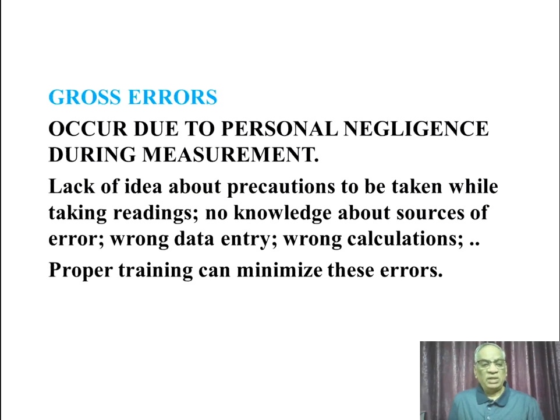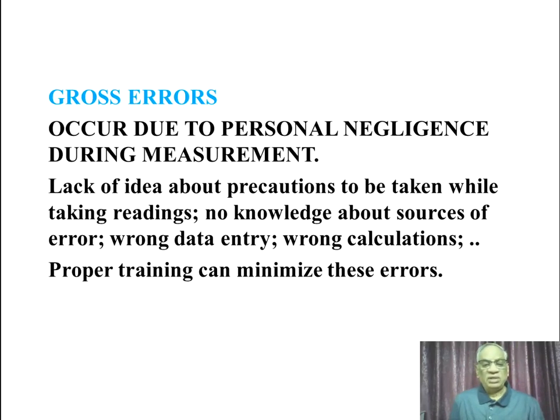Then the other one is gross errors. These gross errors are generally because the operator, the person who is taking the readings, is not well trained, or is very careless. Or when somebody is telling and somebody is noting down the reading, readings are taken in a wrong way, with wrong calculations and wrong data entry.